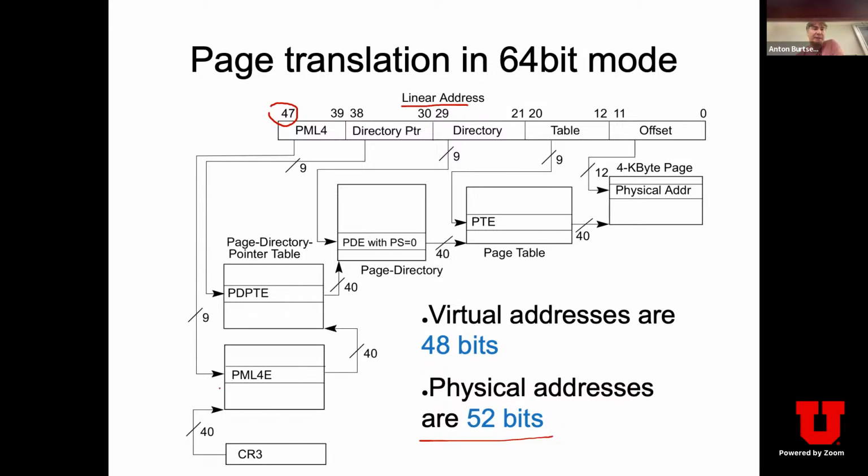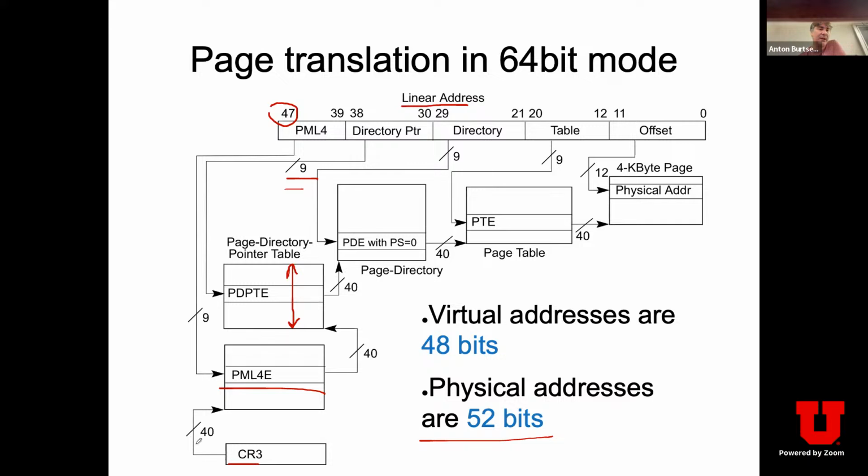So those entries in the page table cannot fit into 32 bits, right? Instead, we use 64 bits here. Which means that if the page table itself is still 4096 bytes, then you only have 512 entries, because you divide by 8 bytes, not 4, right? And so to choose any of those entries, instead of 10 bits, you now will be using 9 bits, because it's 512. But the general idea is the same.